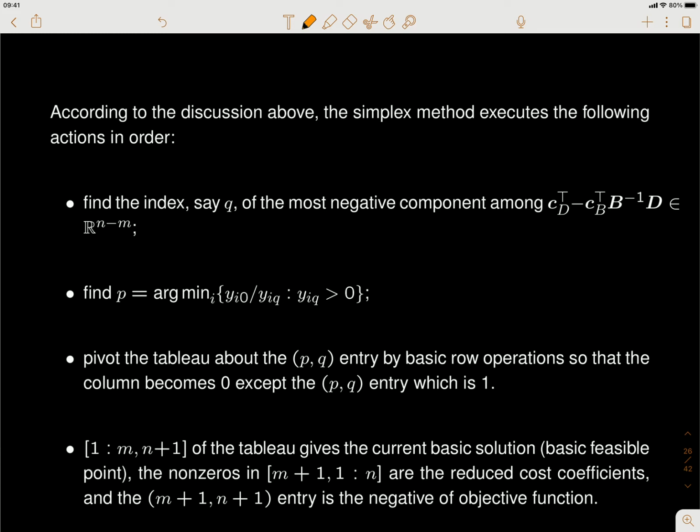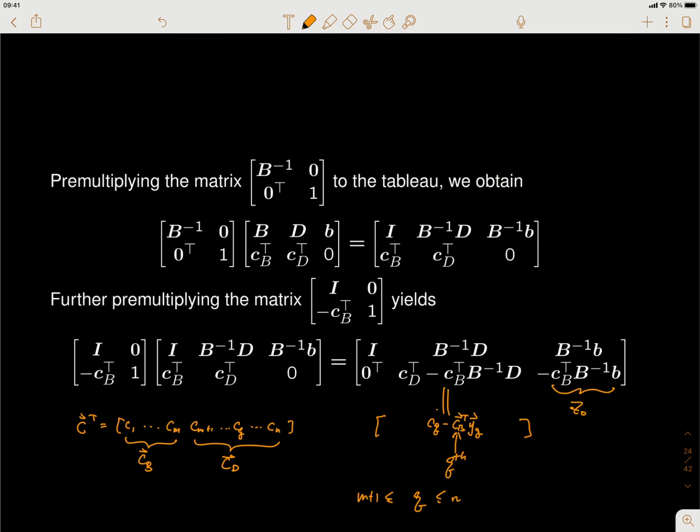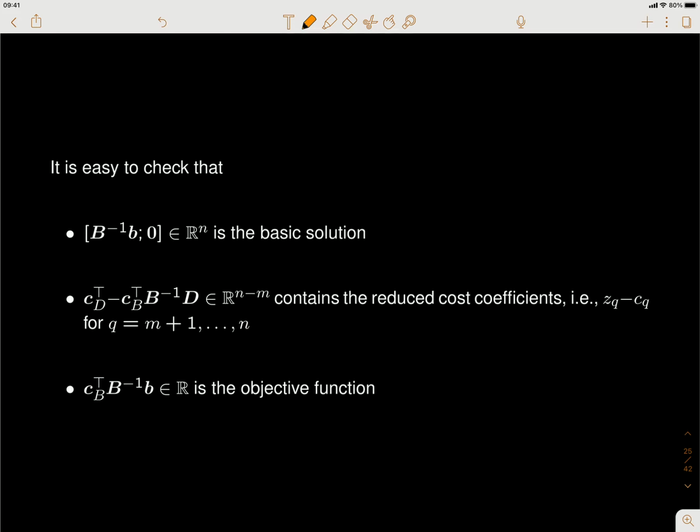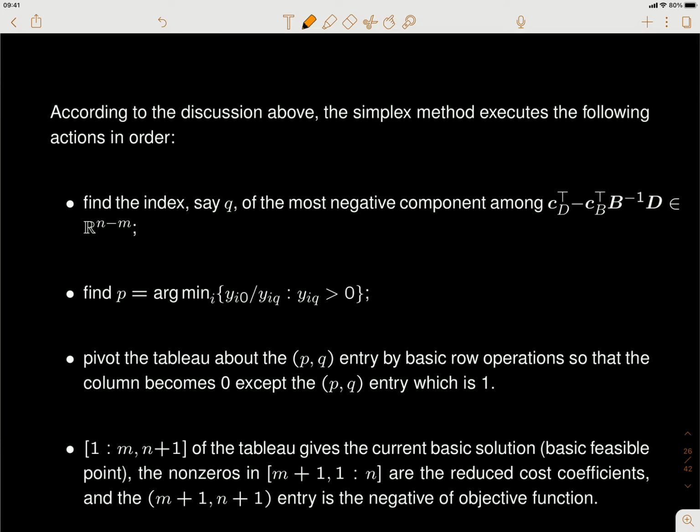Okay, to summarize what we discussed earlier, the simplex method should work in the following order. In each iteration, we check the tableau. We look at the last row of this tableau, find the potentially non-zero values there, and look for the most negative number.